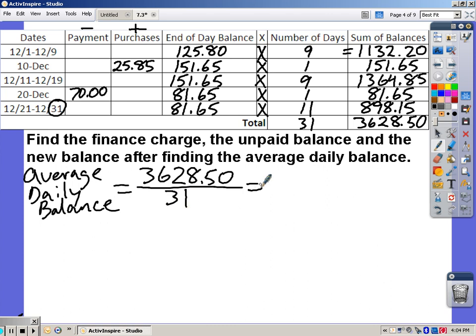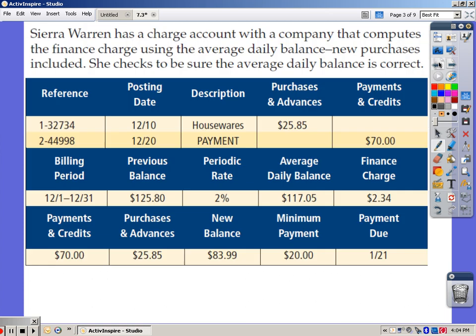So my average daily balance for the month of December works out to be $117.05. That is exactly what the bank came up with.